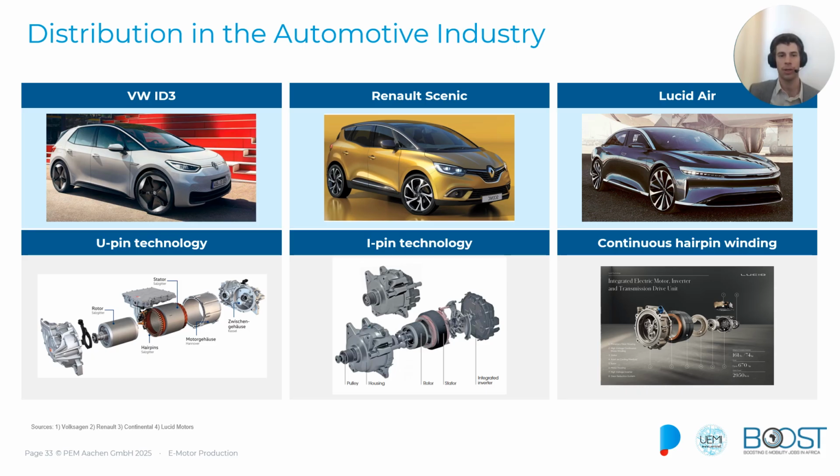Although we still have many cars with round wire stators in the market, like the old Tesla models, we see that the new Model 3 and Model Y are switching to the U-Pin technology as well as the rest of the market. In our perspective, until 2035, this technology will be dominant in electric motor applications for automotive.